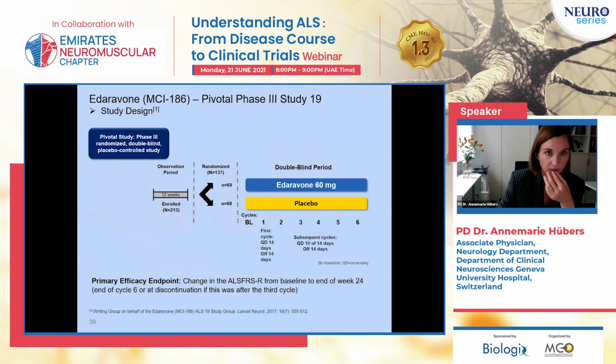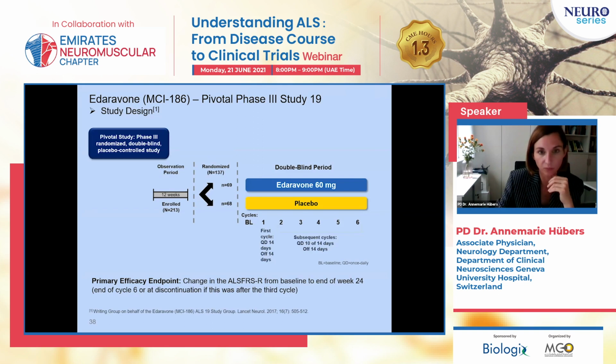So here's the study design. Randomization was preceded by an observation period in which, over 12 weeks, the slope of the ALS-FRS, so the degradation in the ALS-FRS, was calculated.